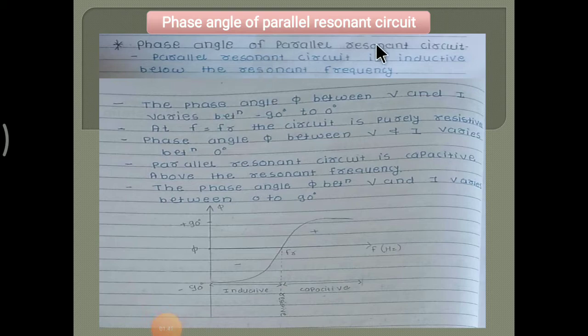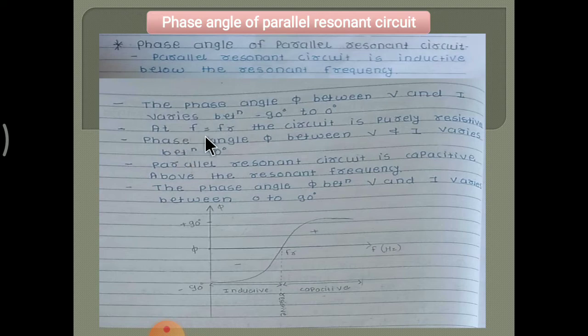Phase angle of the parallel resonance circuit: the circuit is inductive below the resonant frequency and capacitive above the resonant frequency. When the frequency is below the resonant frequency, the circuit is inductive and the phase angle varies from minus 90 degrees to 0 degrees.